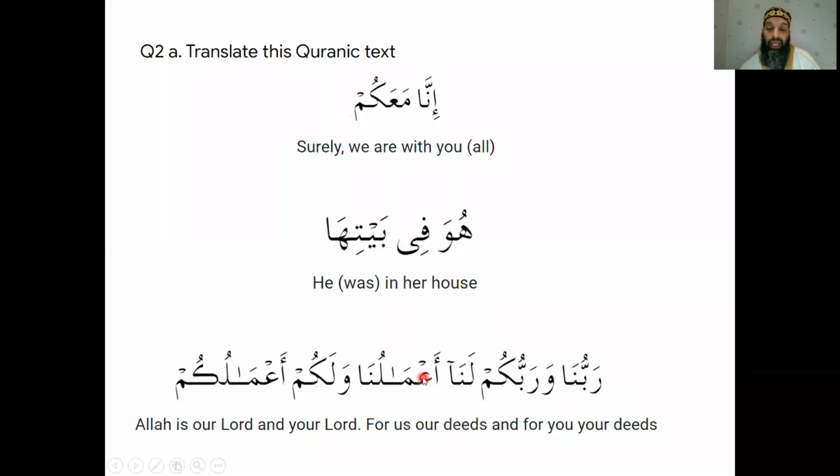Lana, for us, a'maluna, our deeds. Wa lakum, and for you all, a'malukum, your all's actions. So Allahu Rabbuna wa Rabbukum, Allah is our Lord and your all's Lord. Lana, for us, a'maluna, our deeds. Walakum, and for you all, a'malukum.